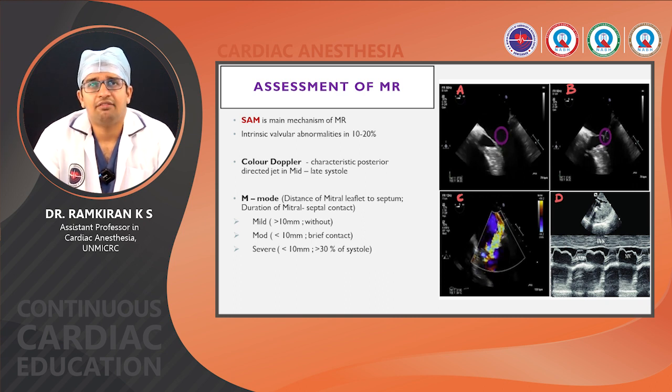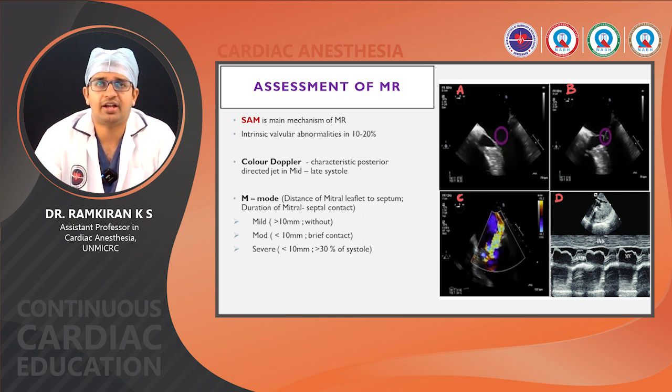So as we see in figure A and B, that is the mid-esophageal 4-chamber view, because of the SAM, there is an anterior displacement of the coaptation point leading to the interleaflet cleft, ultimately leading to MR. So the characteristic jet seen in SAM is a posteriorly directed jet, because the anterior leaflet and the coaptation point have been shifted anteriorly. So the characteristic posterior jet in mid to late systole is the characteristic feature.